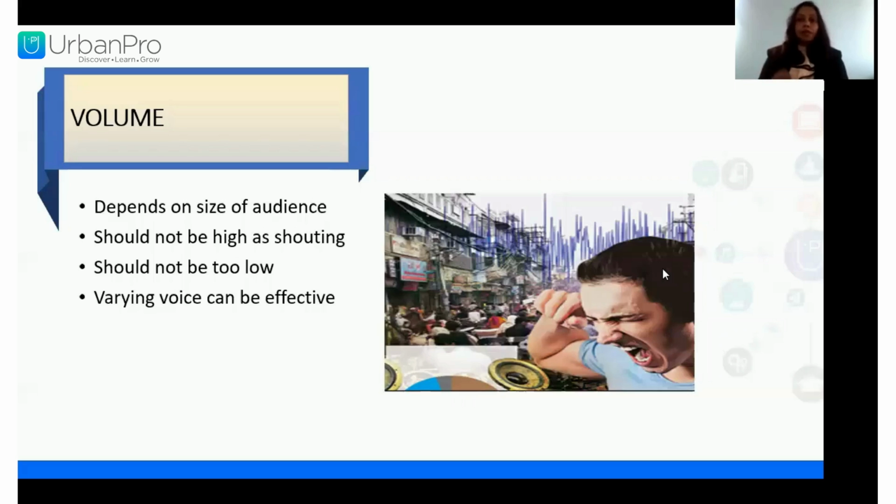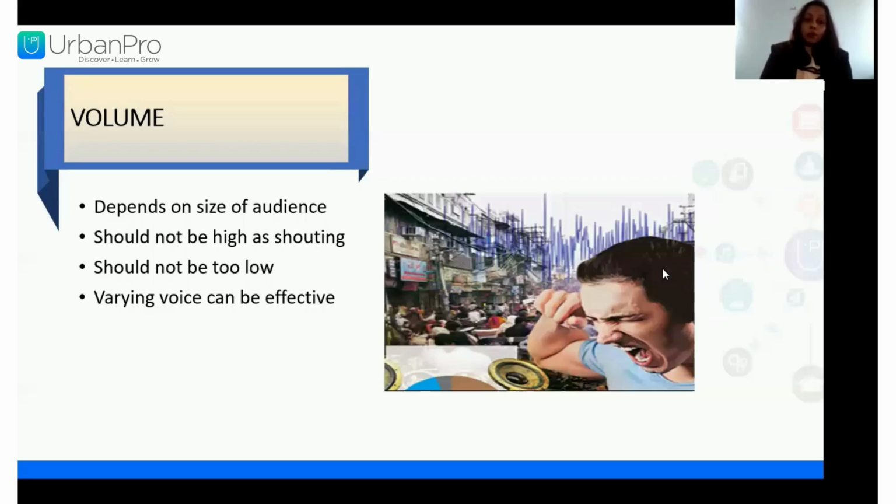Certainly you will use them for a big audience, but even if you think that you are not able to have that much control on your volume, or you are not able to put that much loudness in your speech, you can use small mics so that you don't have to put all your effort into speaking.